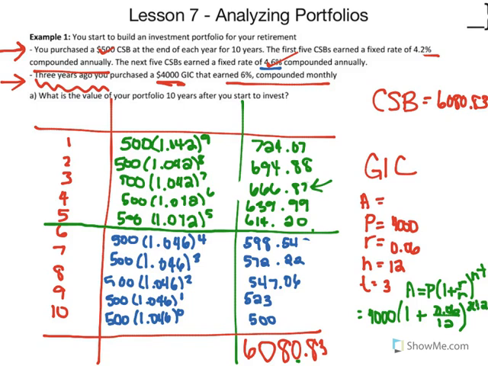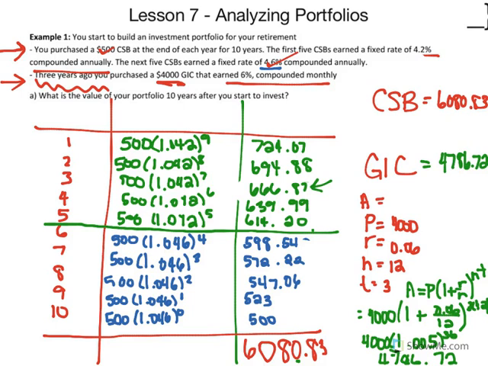If you simplify in the brackets, 0.06 divided by 12 plus 1, you should get 1.005. And we're going to raise that to the power of 3 times 12, which is 36. So type that all into your calculator at once, and you should get 4786.72. So your GIC earned 4786.72.